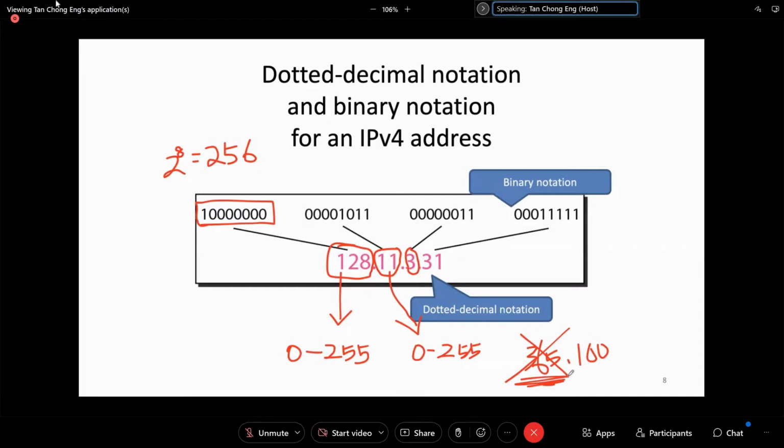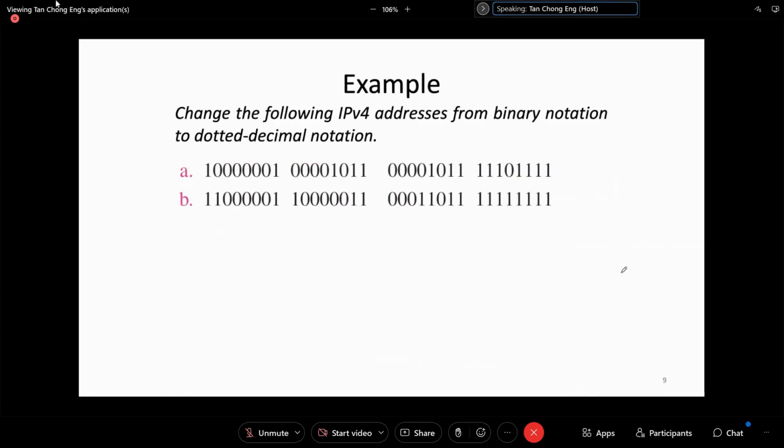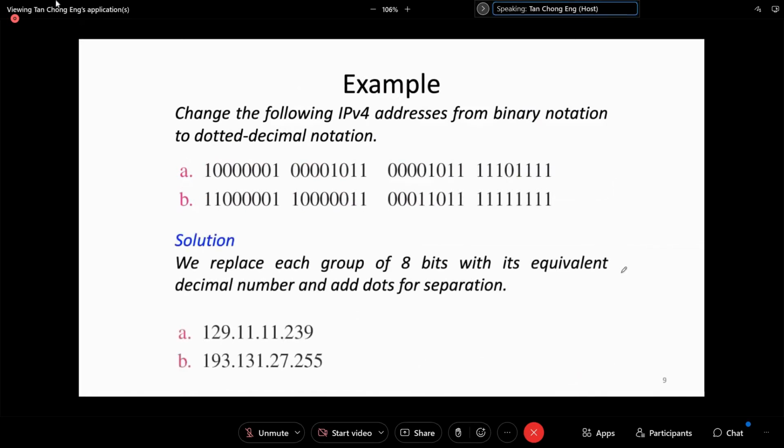So the maximum number you can have is only between 0 to 255. 0 is a number, so 0 is counted as 1. So 255 plus 1 is 256. I hope it is clear. You just need to know the format. So when you see all these numbers here, you know the limit, you know the restriction. These are some of the examples that I'll leave to you. So you know that it's easy.